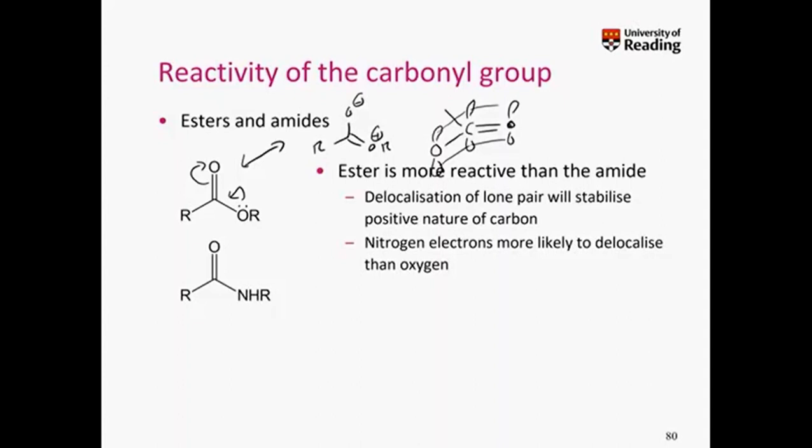What that means is, although predominantly the electrons are going to reside on the two oxygens, the carbon gets a bit of a share of that. That lone pair of electrons that aren't present in the aldehydes and ketones can be shared a little bit with the carbon, and that makes it less reactive than the aldehydes and ketones.